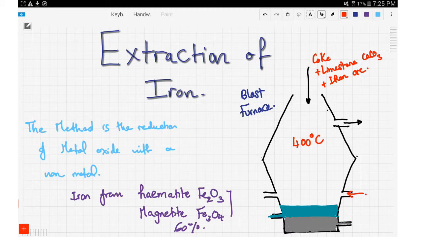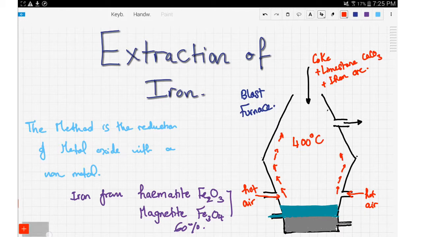So here there is hot air pumped through. Now the air goes in the blast furnace like this and heats up the process.